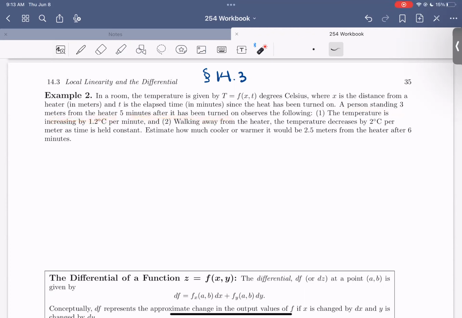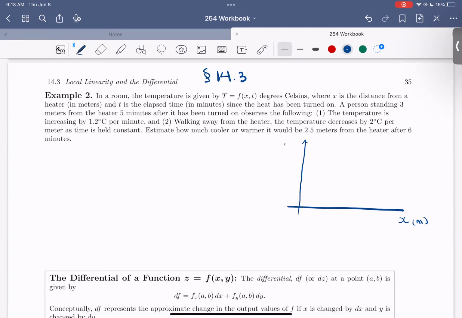So before continuing, let's go ahead and draw a picture of what the situation is looking like. And by picture, I want to draw a graph. So here we'll represent the distance that the person is from the heater, so that's x in meters. And then here we'll represent the time that's passed.